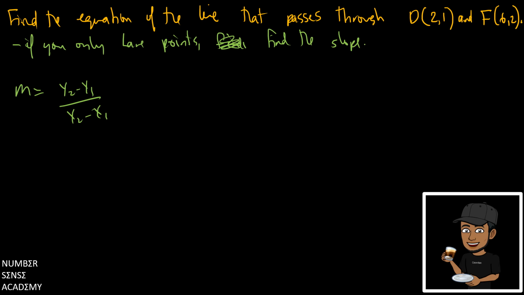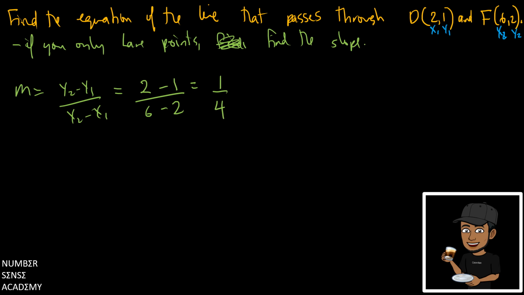So I'm going to quickly label these, x1, y1, x2, y2, so I don't mess this up. And then I'm going to plug my values in. So y2 is 2, y1 is 1, x2 is 6, and x1 is 2. So I end up with 1 over 4.